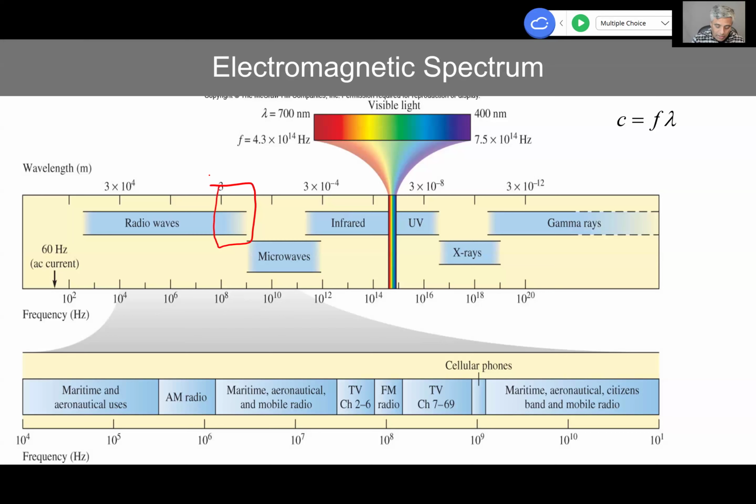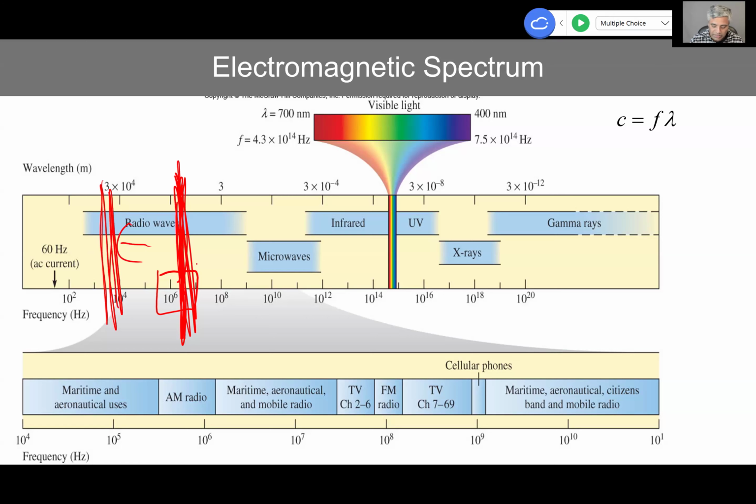If you tune in to FM radio in your car, usually they say we are broadcasting at this many megahertz. So that means FM radio is in this region, and AM radios are even before that.